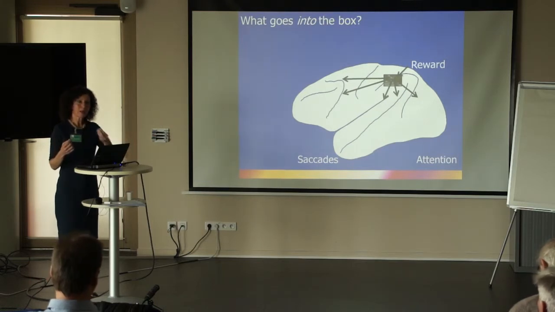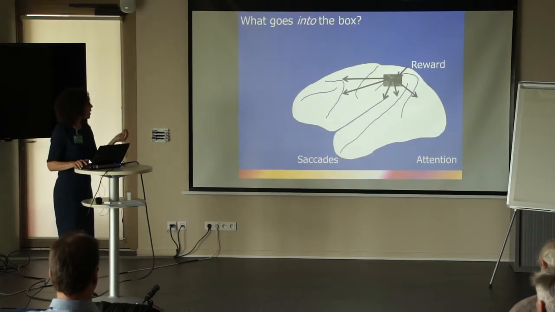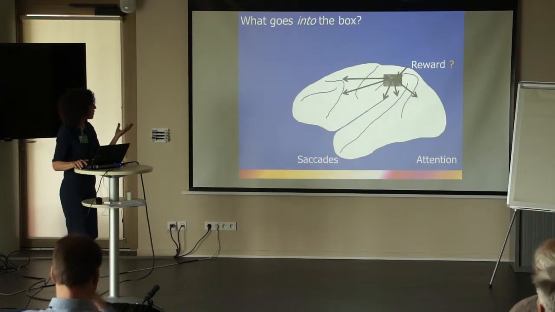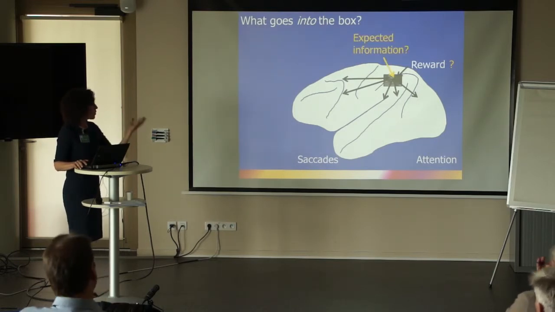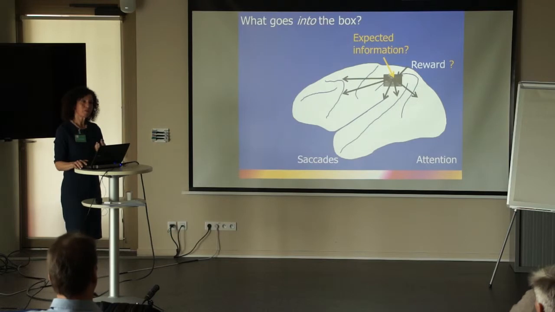Eye movements indirectly serve the goal by sampling information, guiding an action, which eventually leads to a reward, right? So how does the reward really come into play in natural behaviors? And the related question is, well, if the primary purpose of moving the eye is to sample information, how does expected information come into play?